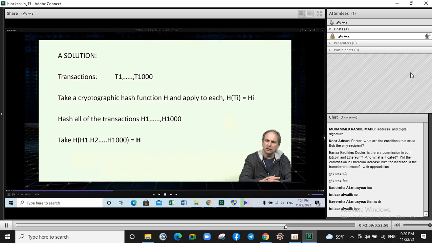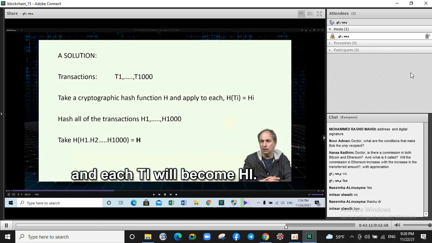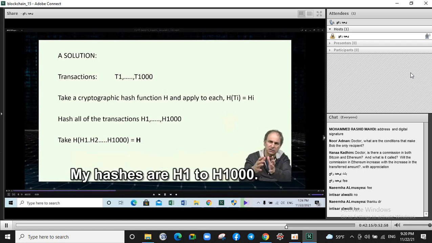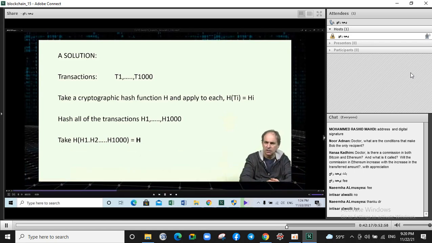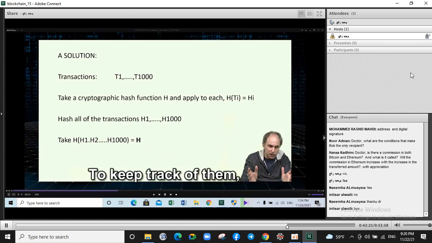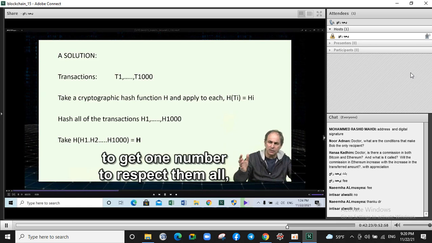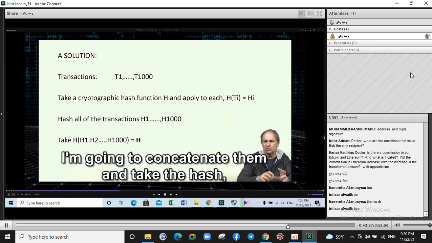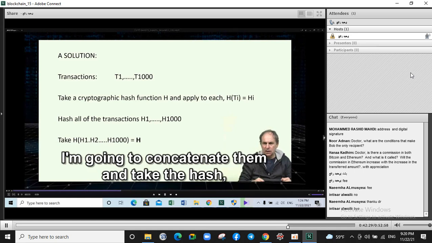My hashes are H1 to H1000, and to keep track of them, to get one number to represent them all, I'm going to take a hash of all that. So I'm going to concatenate them and take the hash, and that's going to give me a number I'm calling big H, which is the hash of that whole thing.